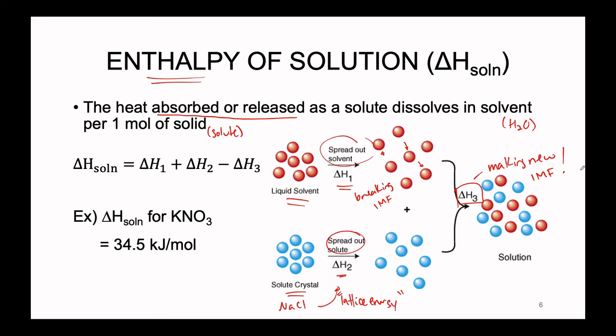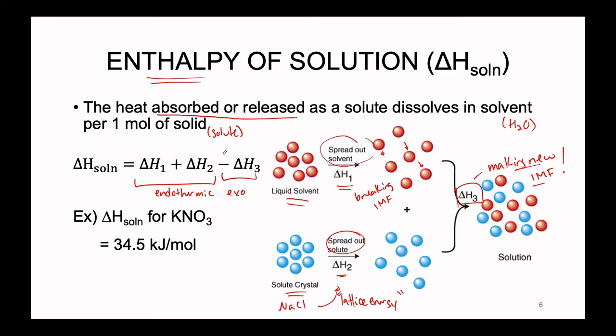So delta H1 and delta H2 are endothermic. We need to put energy in to break things apart. This is why in our equation, both of these things are positive. It's because they're endothermic processes. Our delta H3, the making of new intermolecular forces, we know is an exothermic process. Exothermic, because we release energy when making these bonds, hence why this delta H3 here is negative.